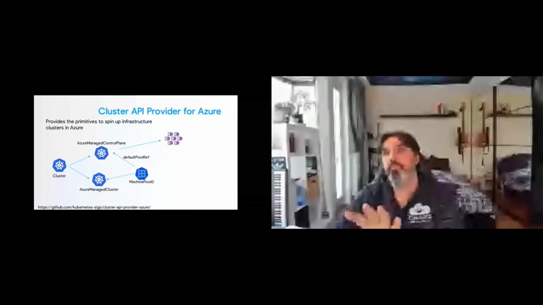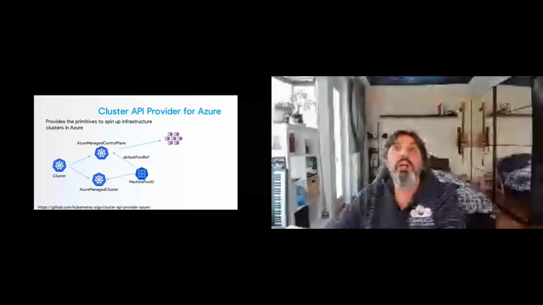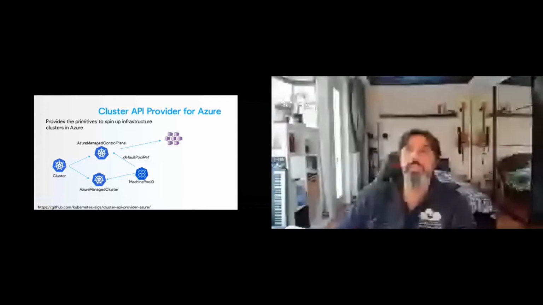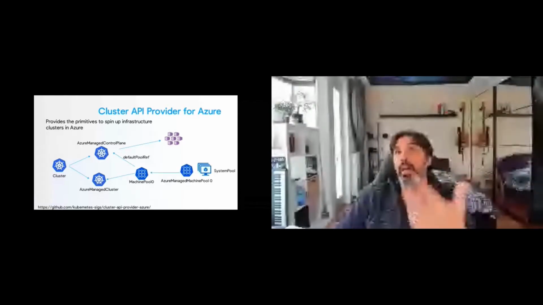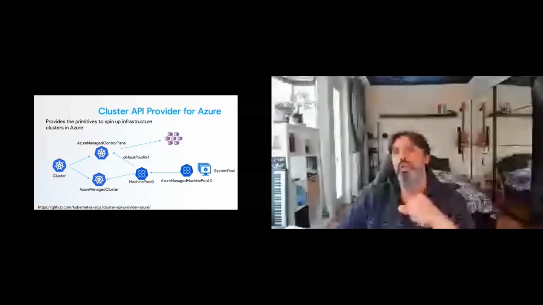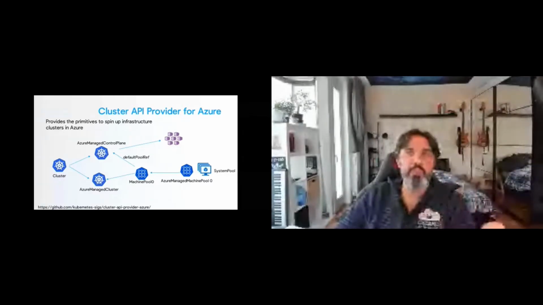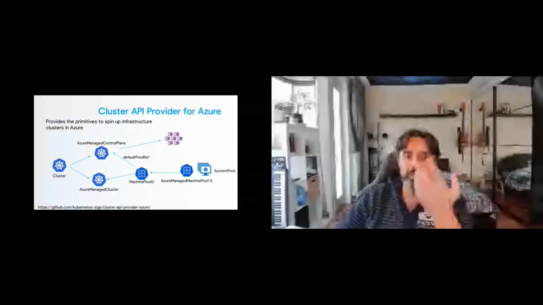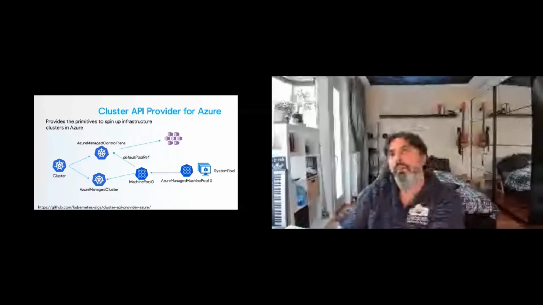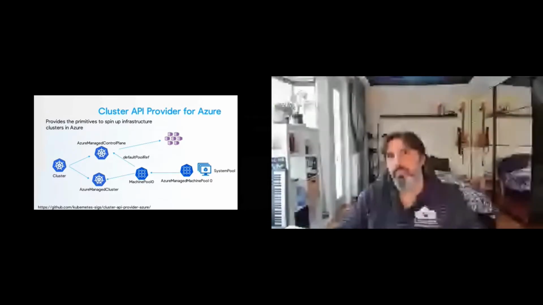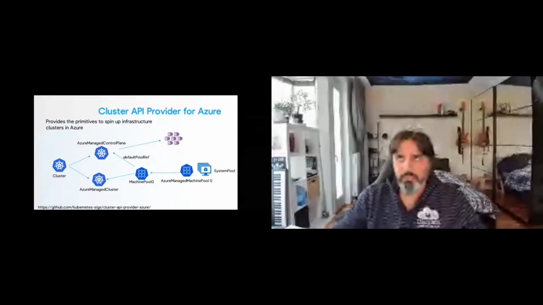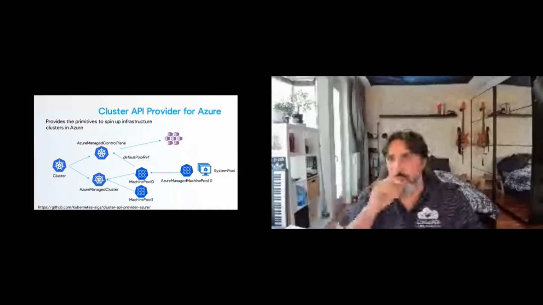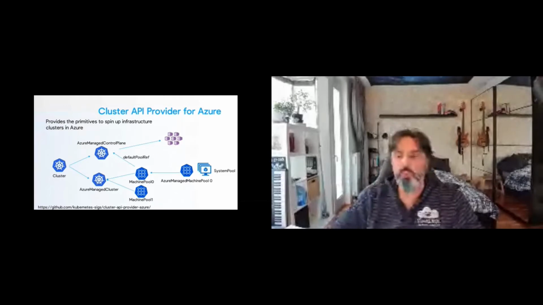These machine pools are actually an abstraction over the actual VM scale set that is attached to your AKS cluster. So there's always a machine pool 0 or the default that is referenced by the Azure Managed Control Plane, because the control plane needs to have a default system pool. But then you can also create multiple node pools. You can create what you need to run your workload.